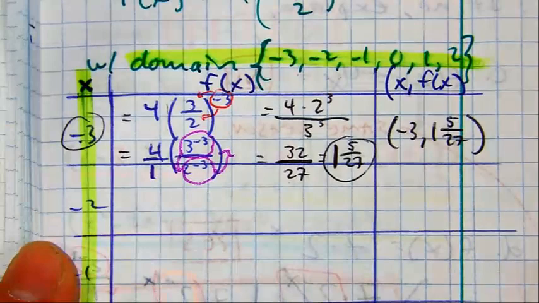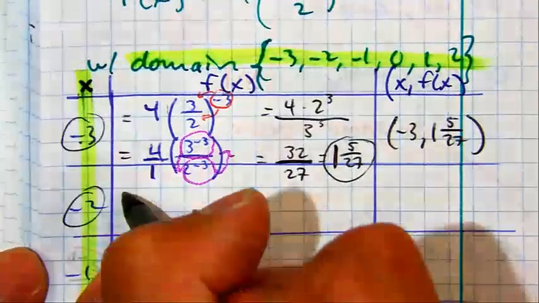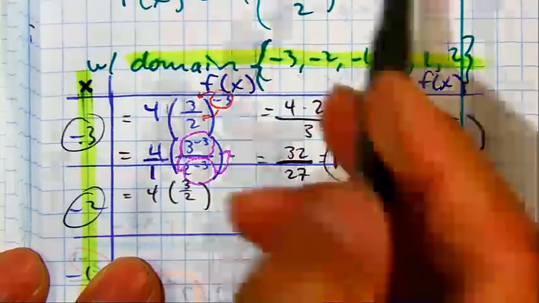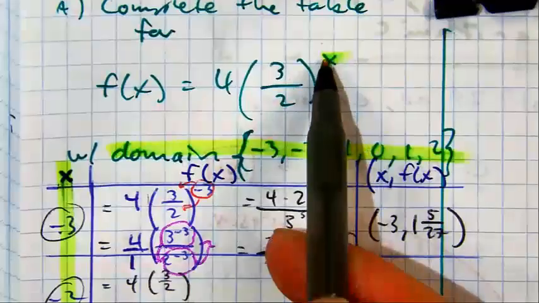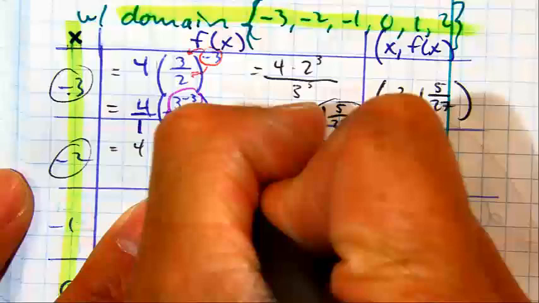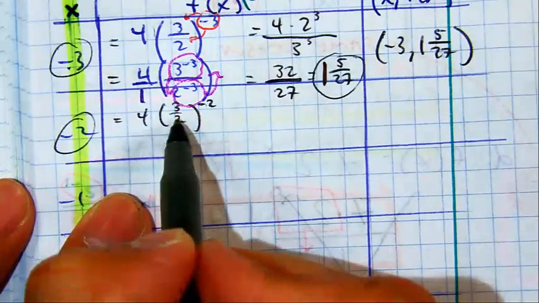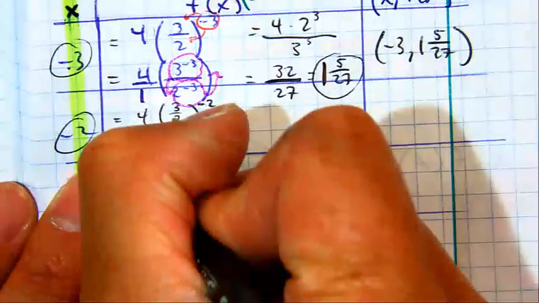Let's try -2. 4 times 3 over 2, and now instead of my x value being -3, it's going to be -2. Let's continue what we did before. Let's distribute the -2 to inside the fraction, inside the parentheses. What do you get, class?